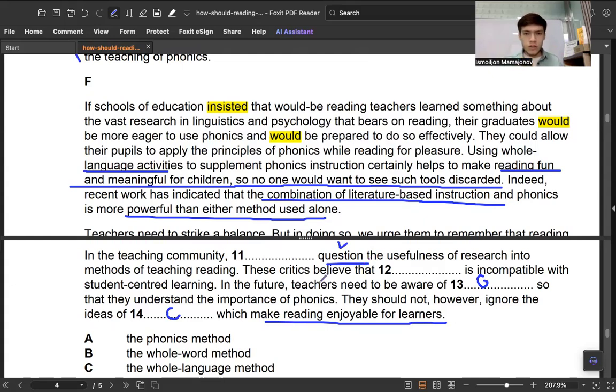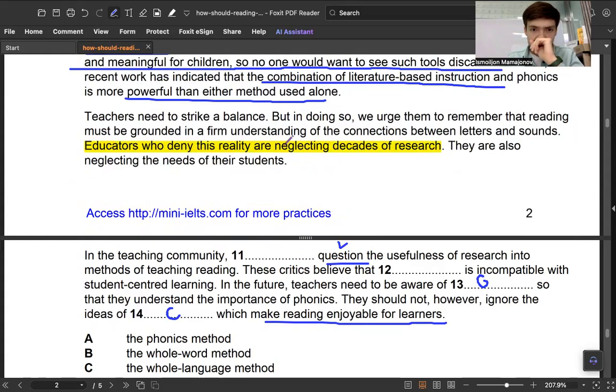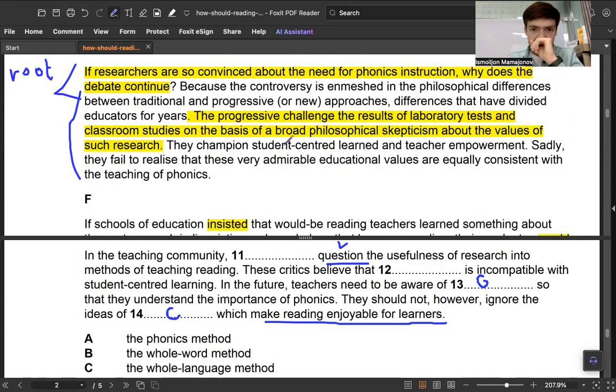Who can question something? No one is questioning here. I think it's somewhere here. Philosophical difference between traditional, progressive or new approaches. Educators are divided.